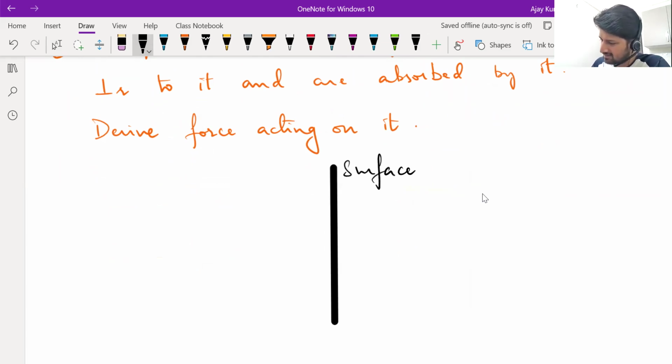The force is dp by dt. Correct, rate of change of momentum. Fine. So suppose this is the surface and these particles called photons are striking the surface perpendicular to it and they are getting absorbed. Photons getting absorbed means all the momentum of the photon is being given to the surface.